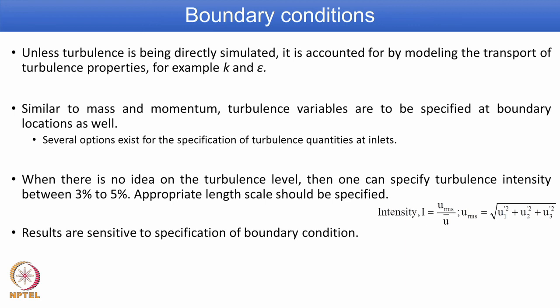If it is not given, then one can take a value between 3% to 5%. In addition to intensity, one also needs to specify a length scale, and from both you can get the kinetic energy estimate at the inlet, and results are very sensitive to the specification of this k, epsilon, omega at these boundary condition locations.